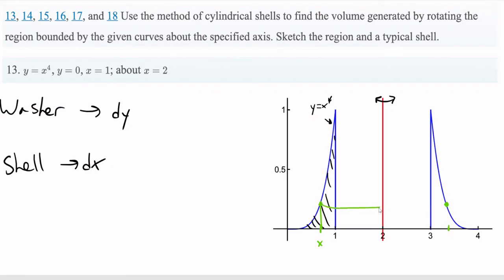And then this is going to be shooting over, and there we go. There's my shell. Not the best shell, not the worst shell. So this is good enough to figure out things like the radius and the height.